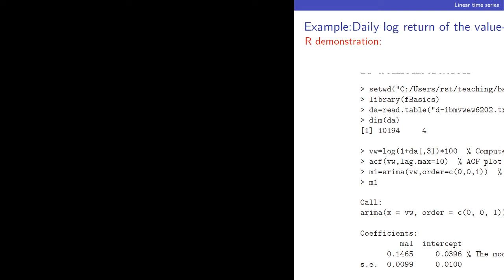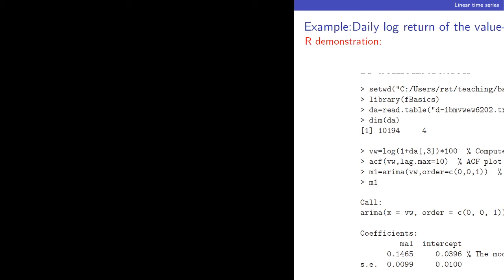Here we have a small demonstration. We will not be showing the ACF plot. So we're going to try and fit an MA1 order here, using for that order this data in percentage log return.